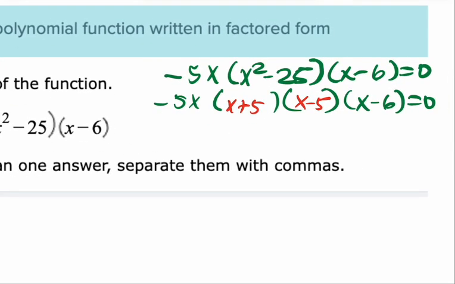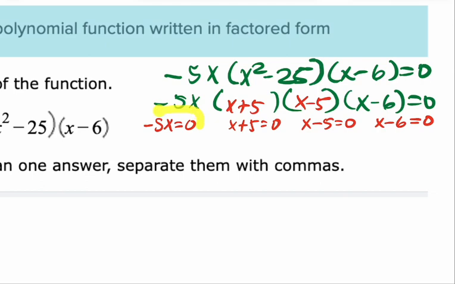Now that it's in factored form, the greatest part is it is now so easy. That's the hard part. Get it in factored form, and then each factor we're going to set equal to 0. If there is an x out front, I put any numbers that are there with it because we'll just divide them off.